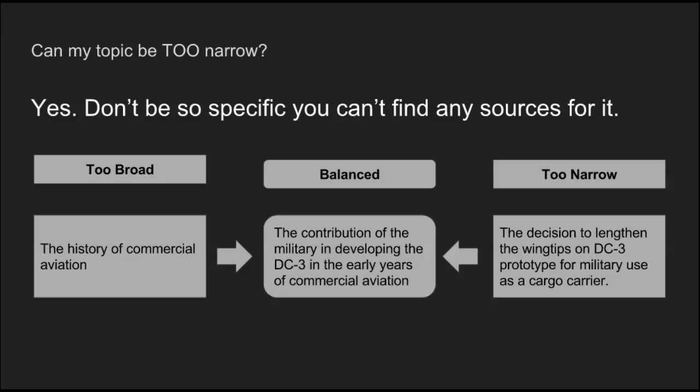Backed up a little bit from just wingtips to cargo carriers to just DC-3 and military involvement. And that's certainly better than just history of commercial aviation. Okay? So make sure that when you're rewriting your topic that you consider putting in action words and also words that show relationship, preferably a combo of both.